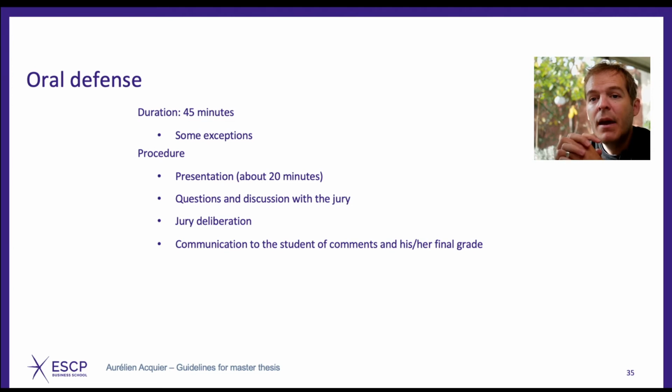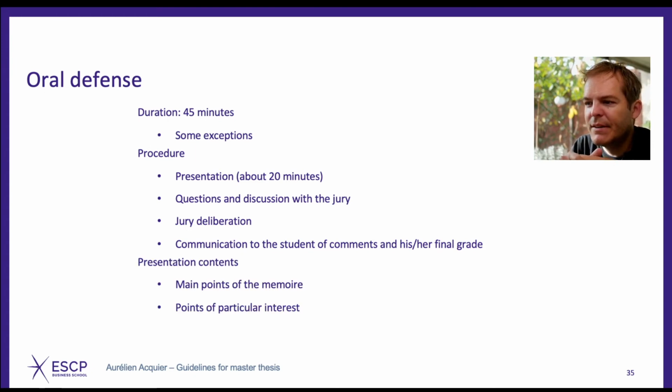But then spend some time cleverly explaining, if you had to do it all over again, which choices you would make and which choices you would change. That's really important also to prepare the discussion and exchange with your presentation. So 20 minutes for presentation, then question and discussion with the jury, jury deliberation, and communication to the student of comments on his or her final grade.